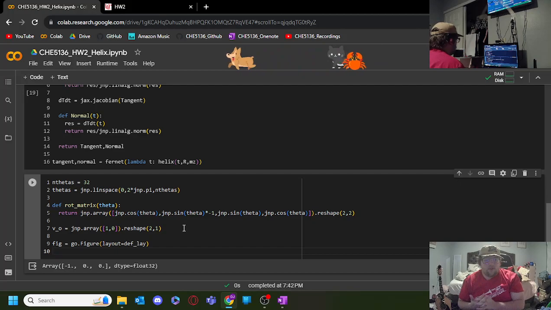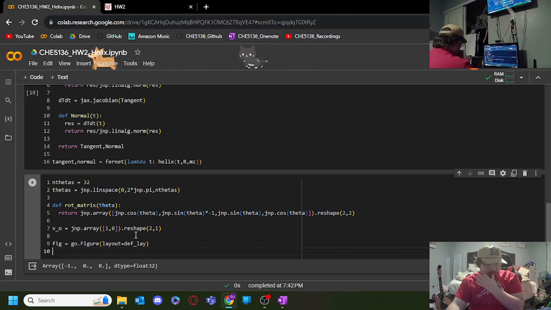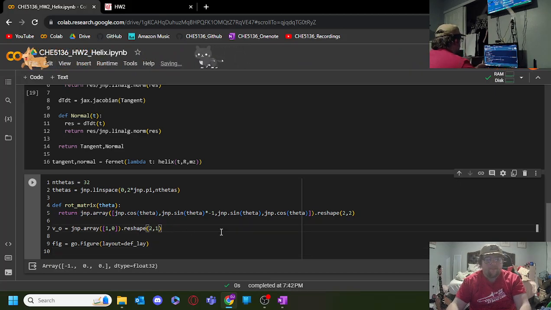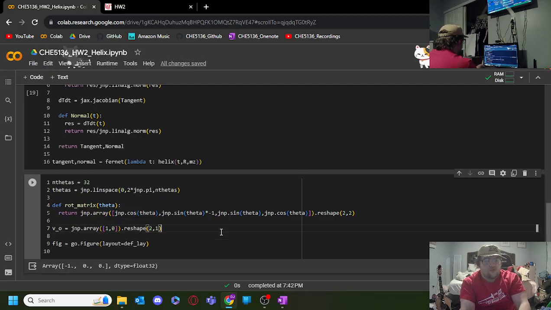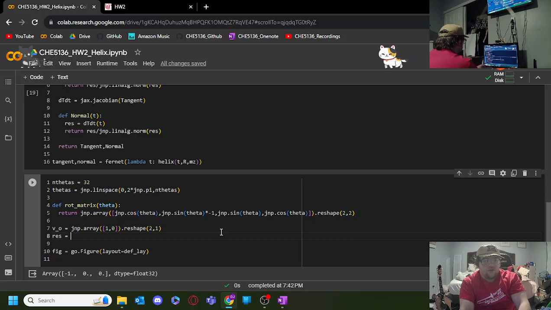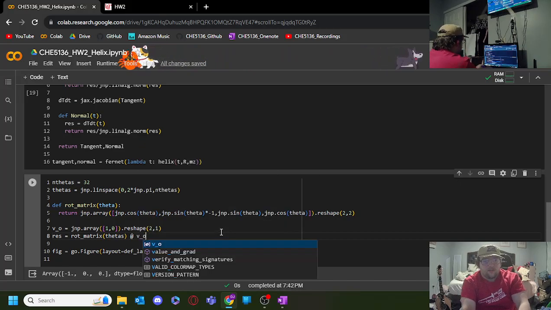And then what we can do is make a variable res and set that equal to rotation matrix thetas. Multiply that against v0.